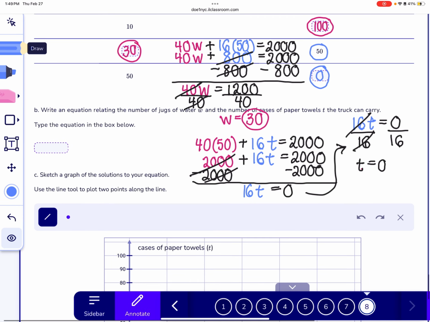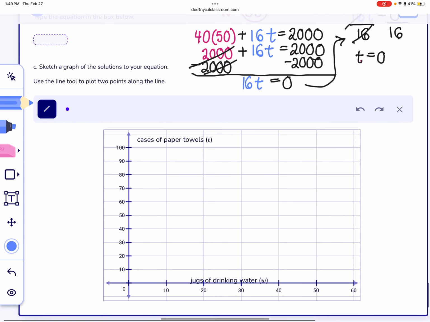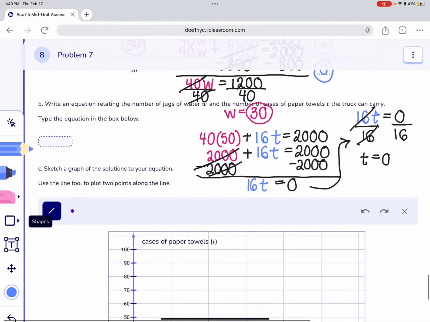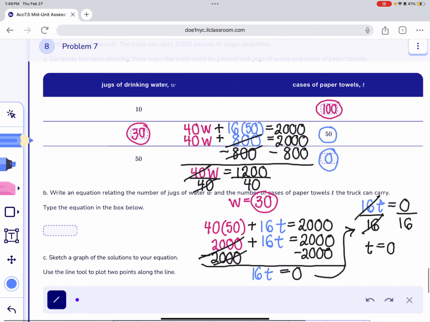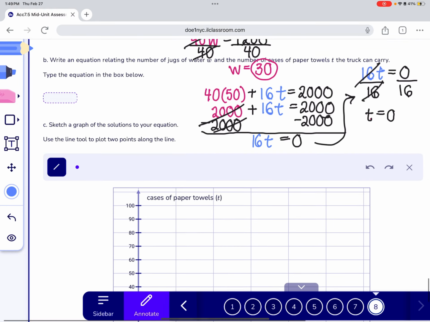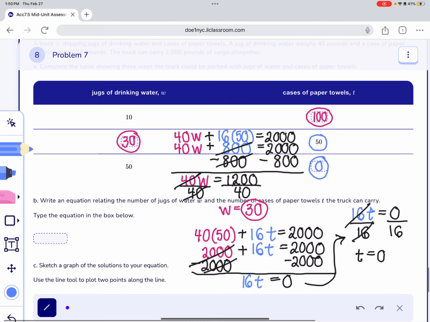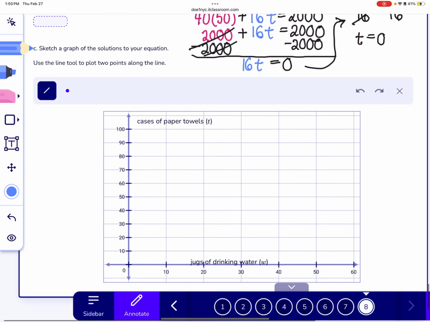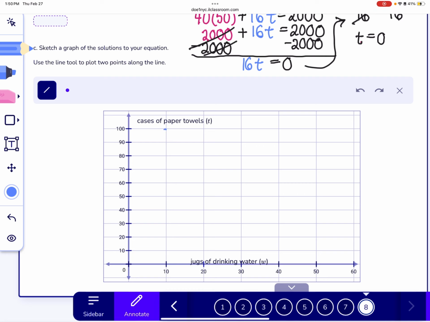And we are going to label our axes in intervals of 10, with the x-axis being the jugs of drinking water, W, and our y variable being the cases of paper towels, T. And we're just going to plot the points that we already have in part A. So when W is 10, we have T as 100. So we're going to plot 10 and 100, which is right over here.